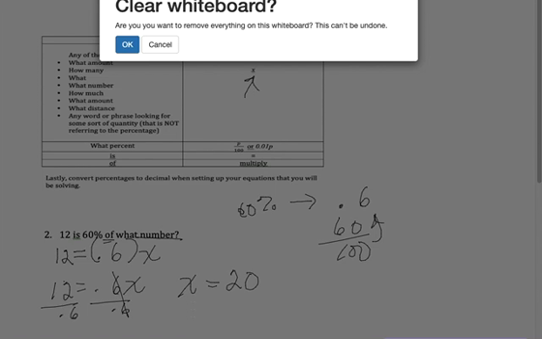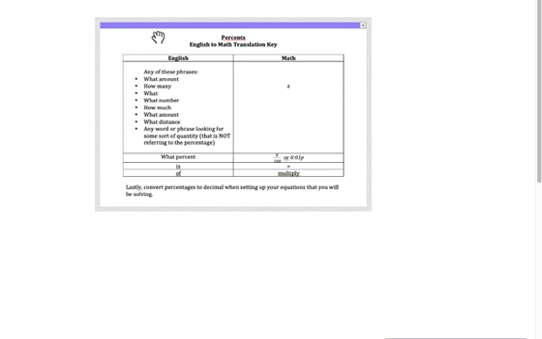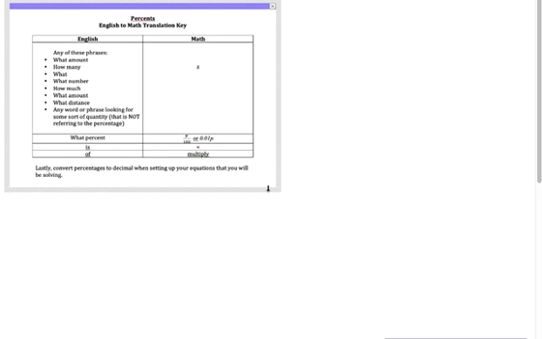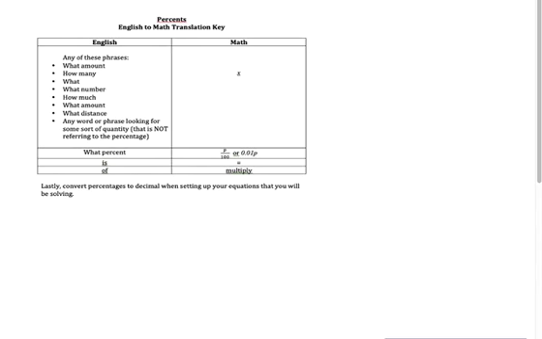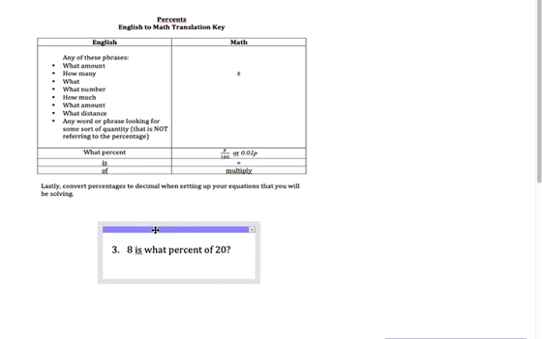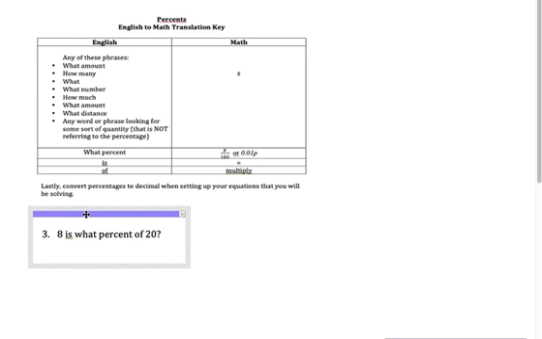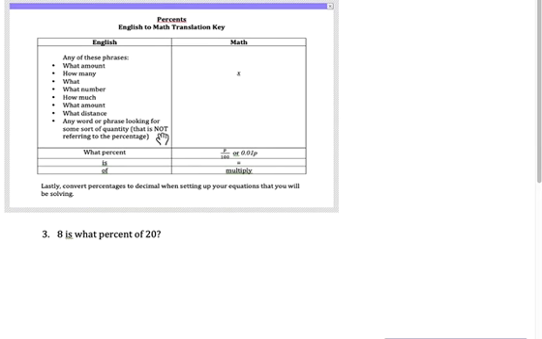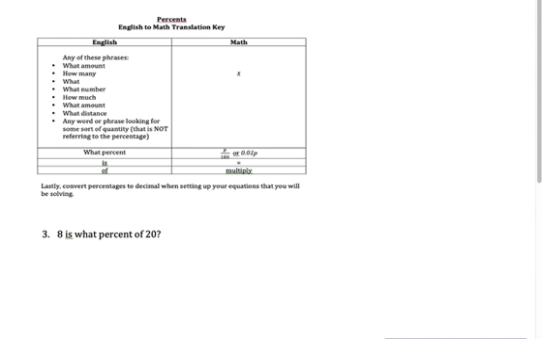Okay, all right. Let's look at number 3 of the checkpoint. It says 8 is what percent of 20? Okay, let's do the translation. 8, I don't have to do anything with that. 8 is there.